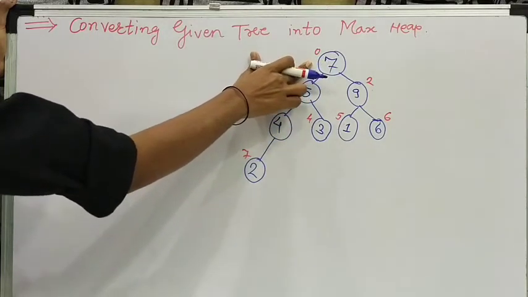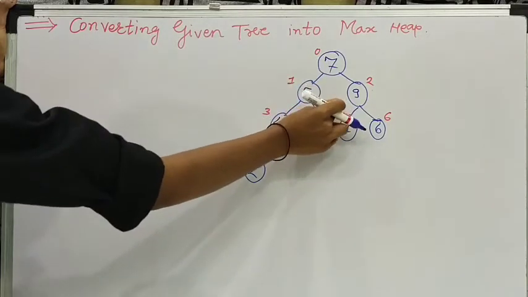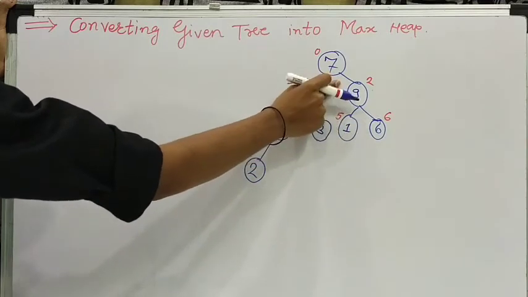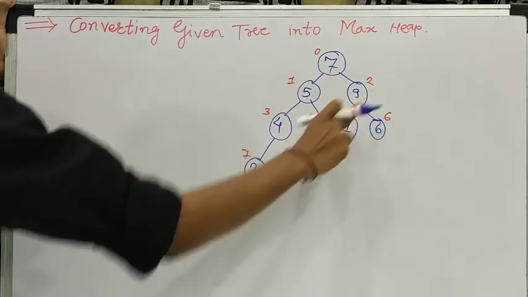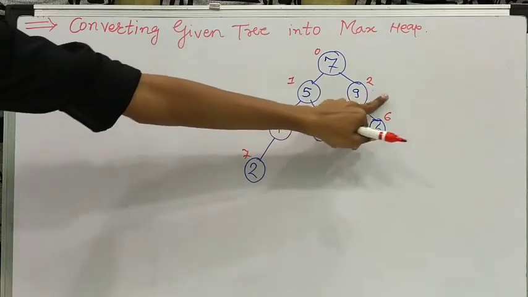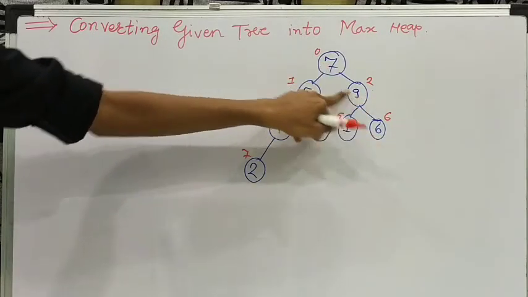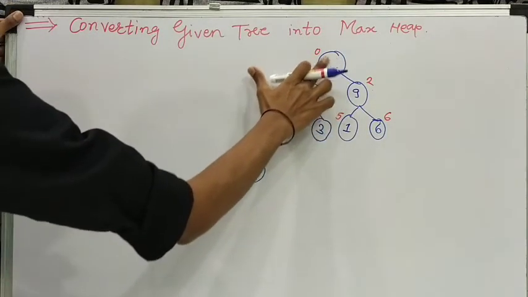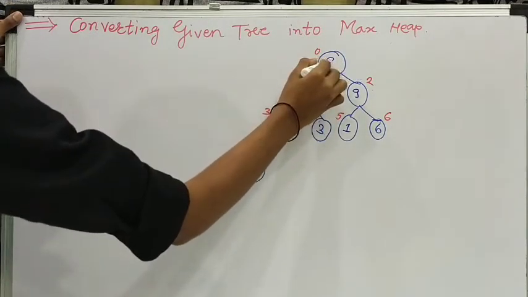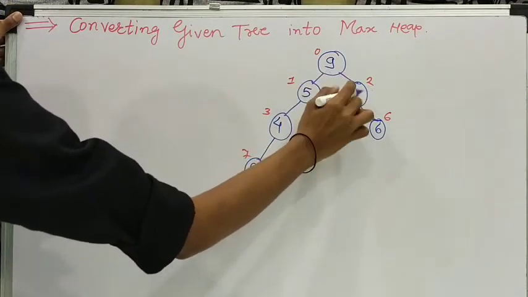Now at 0 we check which child node has a value greater than its parent. The element at index 2, that is 9, is greater than the parent, so we will swap these two elements. After swapping, I will have 9 here and 7 here.